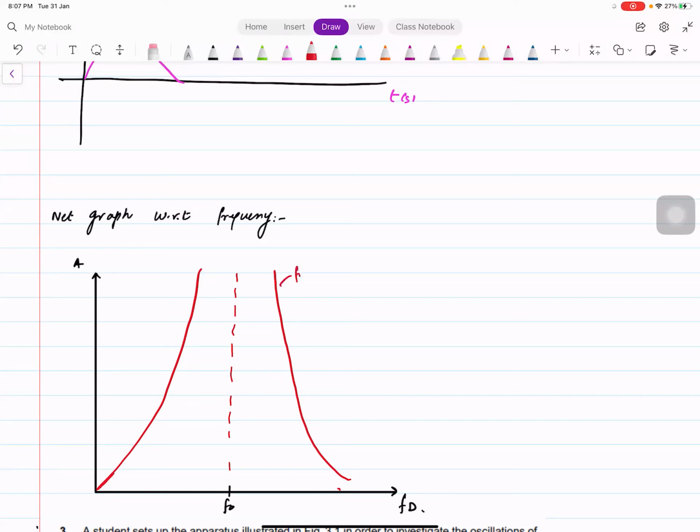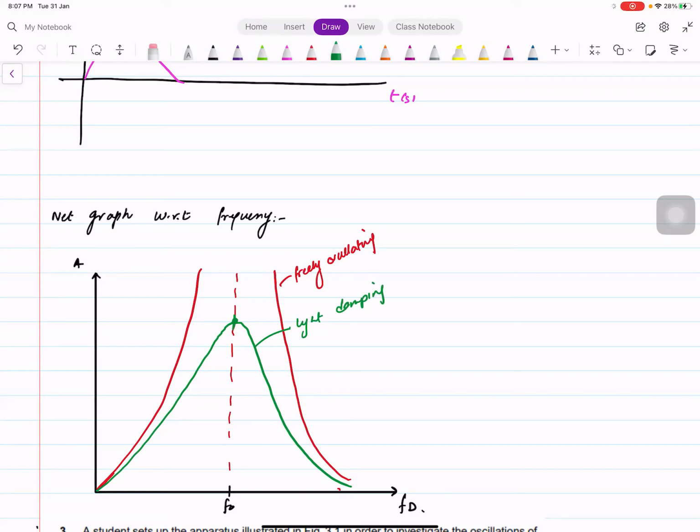So it's a freely oscillating object. When you give it resonance, the net amplitude keeps on increasing. Light damping causes it to have a peak, but it doesn't change the peak. So the peak is right here. So this is the light damping.